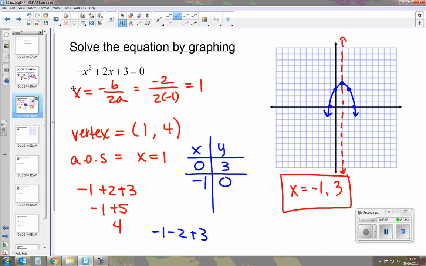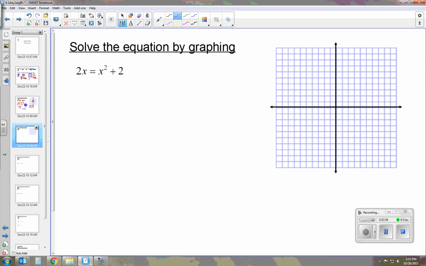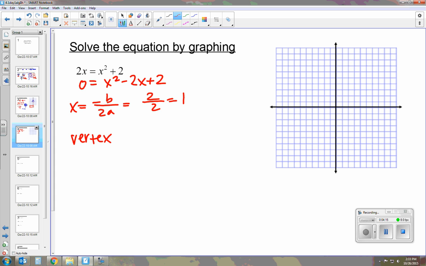Let's do another example with graphing. Okay, so this one we have to get into standard form. So we have x squared minus 2x plus 2. And now we can do x equals negative b over 2a. So that'd be 2 over 2 again, and we get 1. So our vertex, our x value is 1.